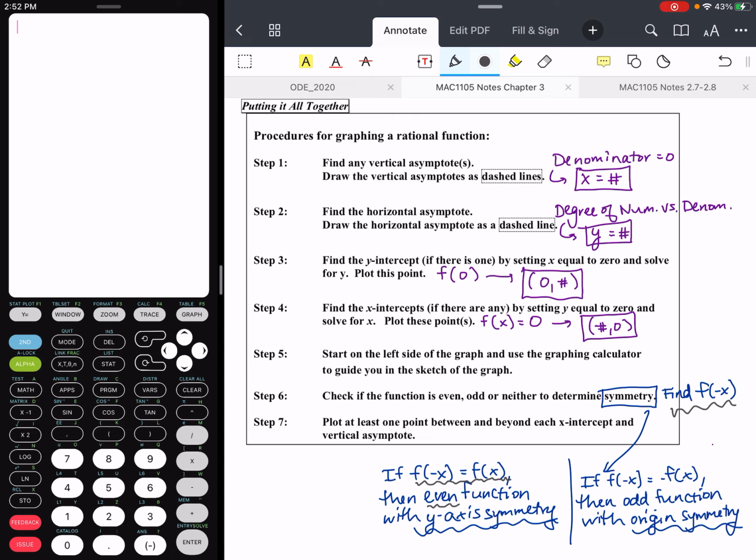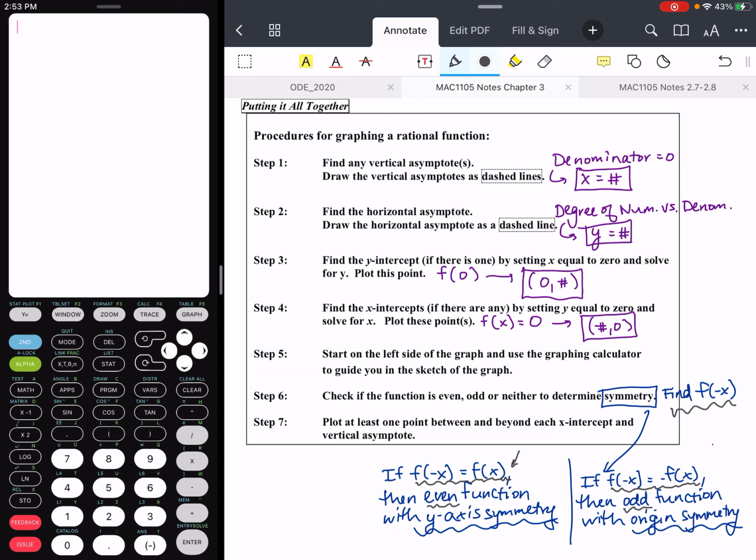If f of negative x is equal to the negative of f of x, then you have an odd function with origin symmetry. Usually, the even functions are a little bit easier to spot because f of negative x will just give you back your original function. Especially with rational functions, the odd functions can be a little bit trickier to spot.